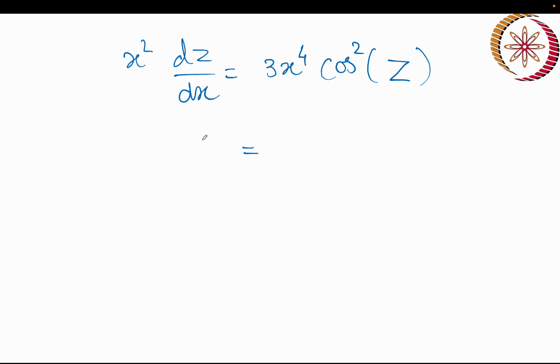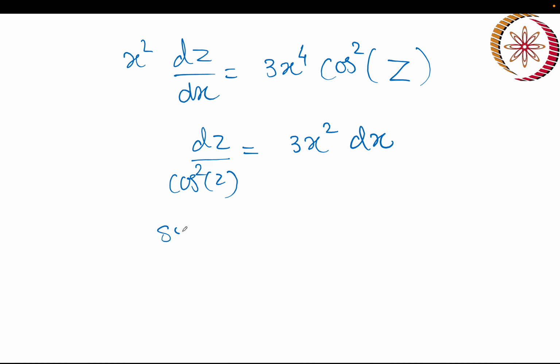Okay, so we'll separate the variables, which gives dz by cos square z is equal to 3x square dx.